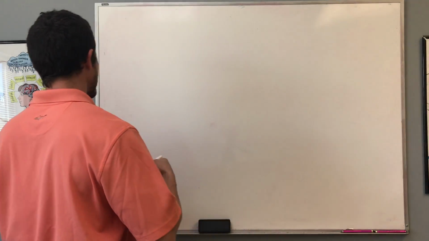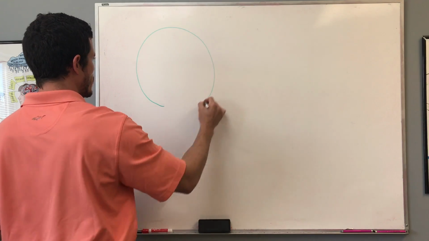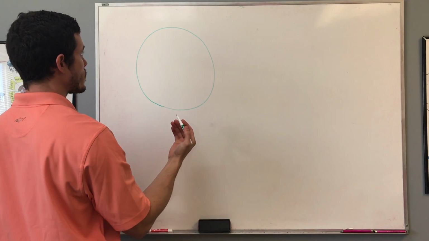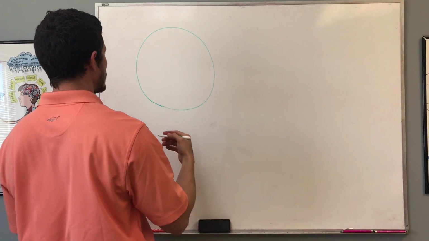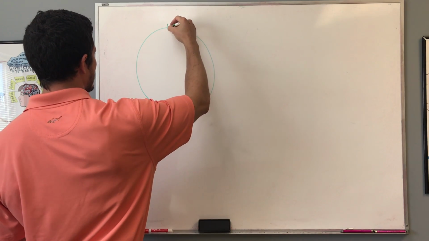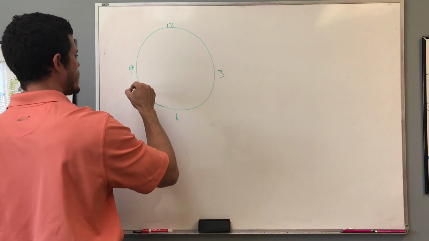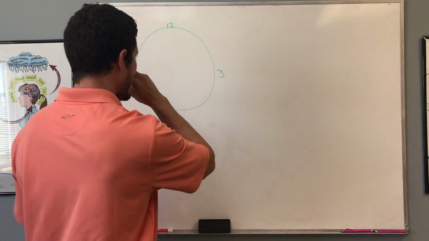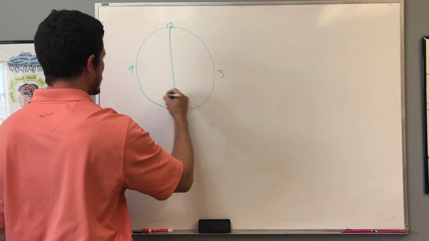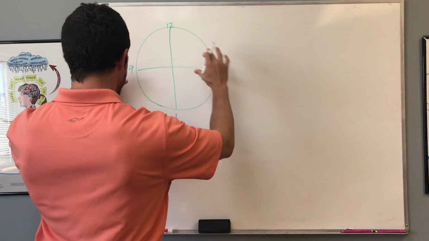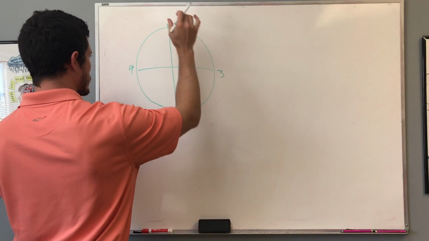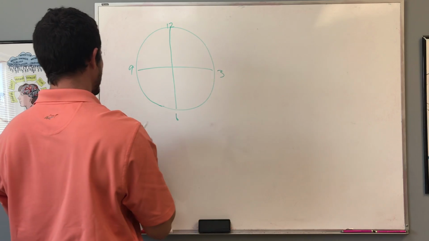So here we go, here's a clock, or my best drawing of it. And what are the big crosshairs, if you will, right? So you have 12, you have 6, you have 3, and you have 9. Don't worry about the times. Just get that there are these major landmarks or time blocks, if you will, right?